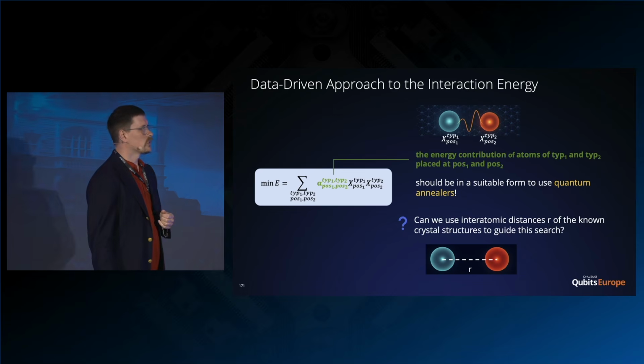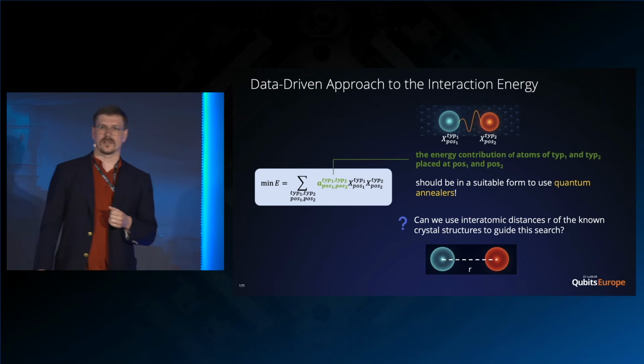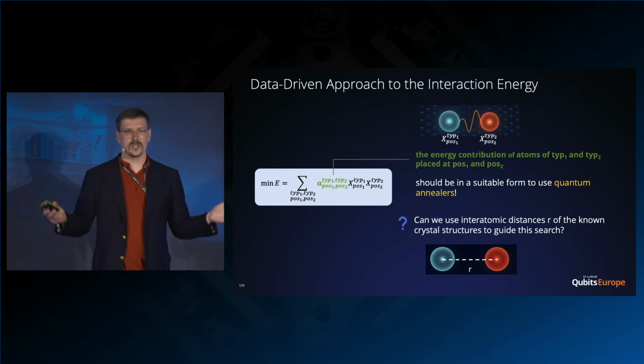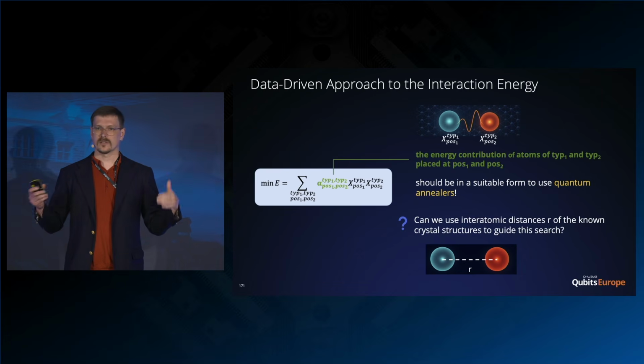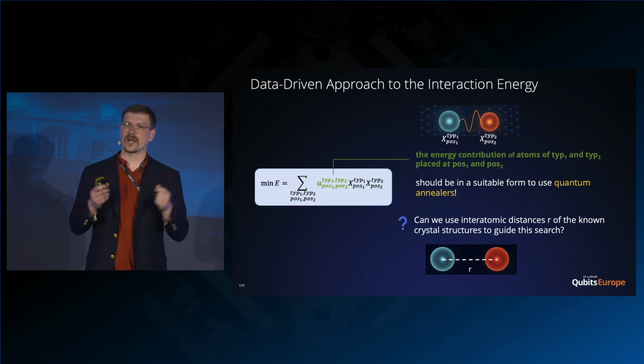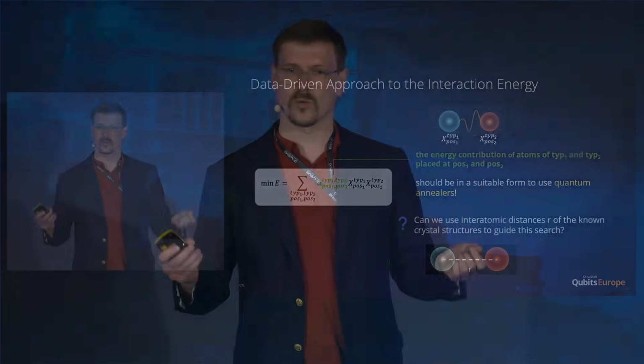So what do we want to do to address that? Well, we need to rely on the data. We need to come up with a machine learning style, data-driven method that would allow us to model interactions between the atoms in such a way that we would still retain the ability of using D-Wave quantum annealers, but at the same time, do it at scale and across all chemistries.